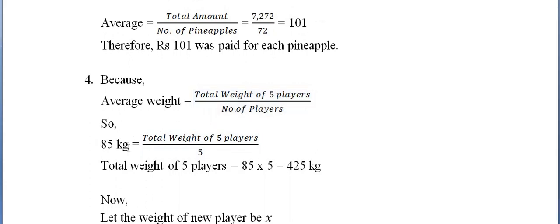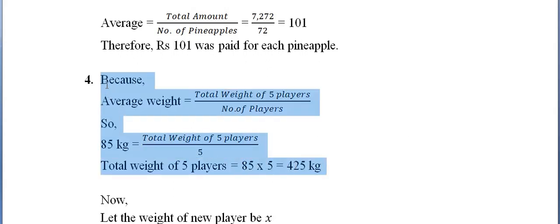It is the first formula that I showed you, the same thing, but I have framed it according to the question. So 85 kg equals total weight of 5 players divided by number of players, 5. So the total weight of 5 players will be 85 into 5. It will be 425. So up to here, this is your first part. First you must understand this part, then only you can move on to the second part of the question.